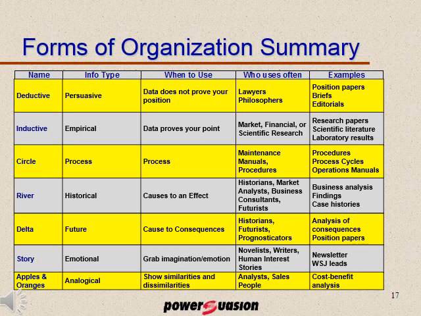And then a suggestion as to when to use it, and then who uses it quite often, and finally some examples. It is a valuable thing to learn the forms of organization so that when you're confronted with information, you immediately know how it is to be organized, rather than have to sit there and agonize over whether it should be this or that. The chart helps, so you might want to keep it handy.